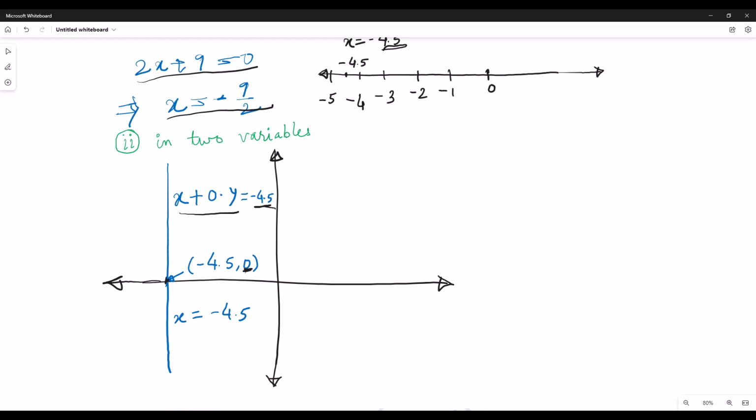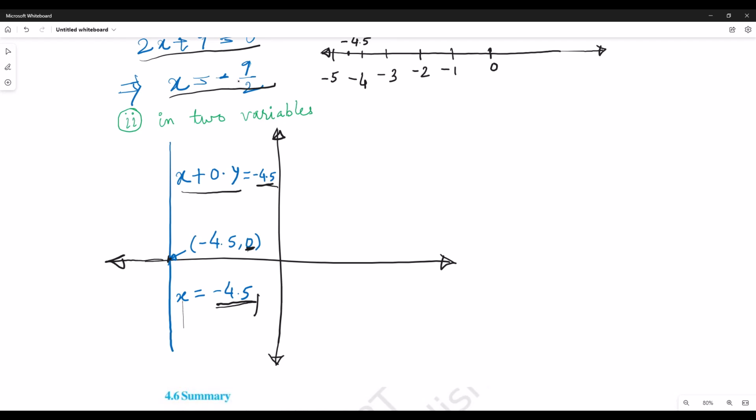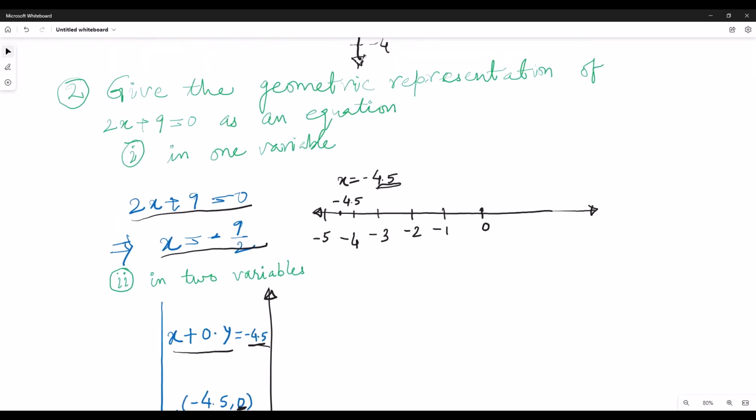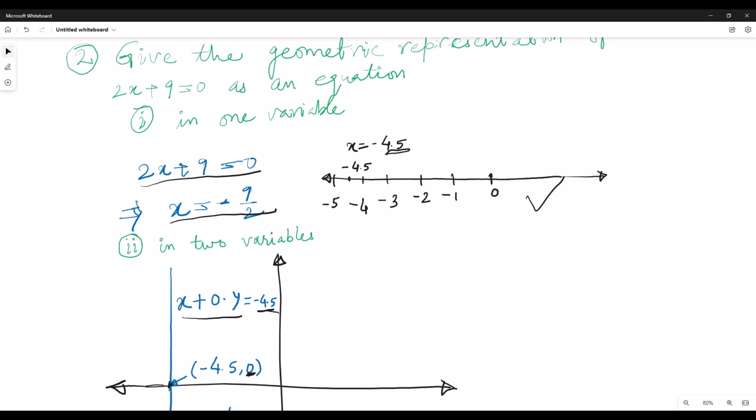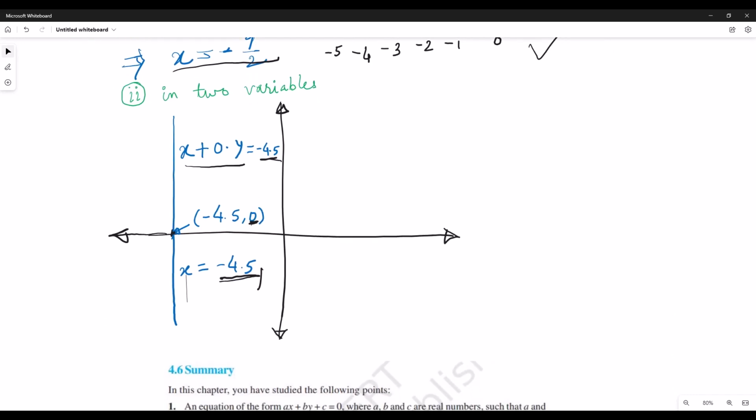And for all other points, x is minus 4.5, y can be anything, any number on this line. So this can be represented in one variable on a number line, and in two variables on a coordinate plane as a line parallel to the y-axis. That is, x equals minus 4.5 is a line parallel to the y-axis which cuts the x-axis at the point minus 4.5.